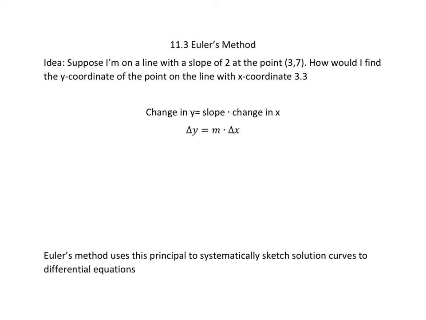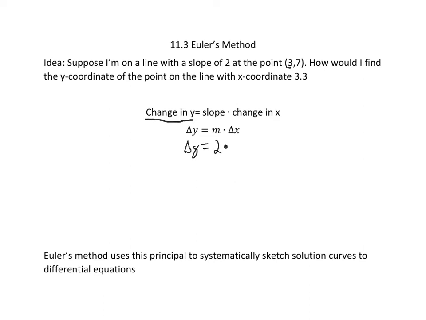So here's the idea. Suppose I'm on a line with a slope of 2 at the point (3, 7). How would I find the y-coordinate of the point with x-coordinate 3.3? The way you compute this is that the change in y equals the slope times the change in x. So my change in y, which we're going to call delta y, equals the slope 2 times the change in x.